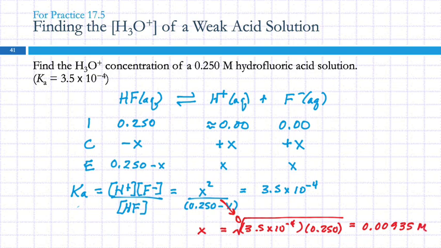How do we tell if that's small enough? We're looking to see if it's 5% or smaller, or less than 5%. To check if that's okay, we take our x and divide by the number it's being subtracted from. And this is 3.7%, less than 5. So we can use that approximation.